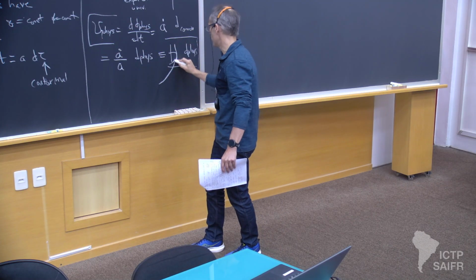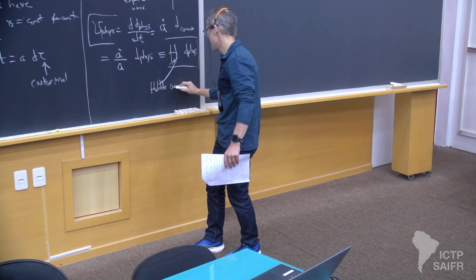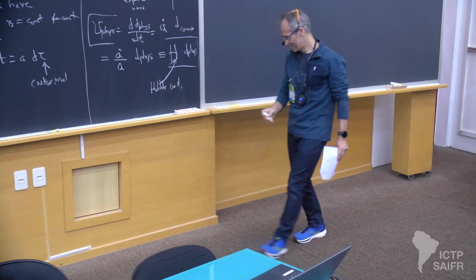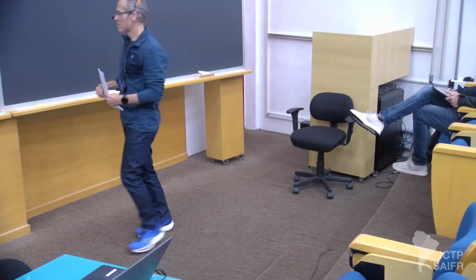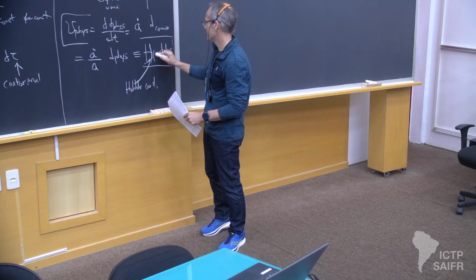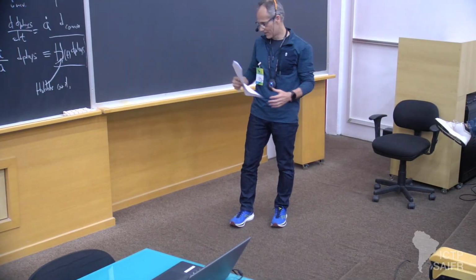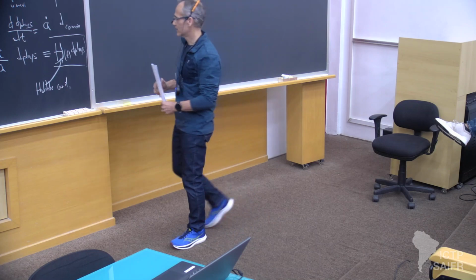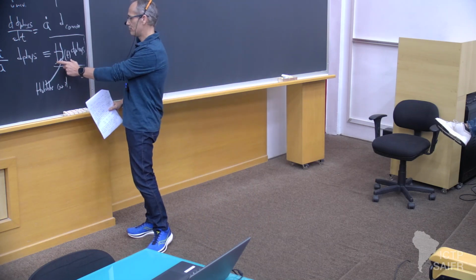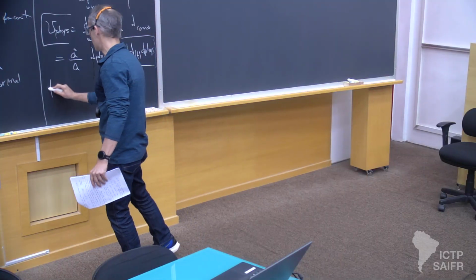So H here is the Hubble constant, which is not a constant. Don't blame me, that's the name. It's a constant at a given time, but it's a function of time. It's only a constant if the universe is dominated by a cosmological constant, as we'll see in a second. But this is what we call Hubble's law.